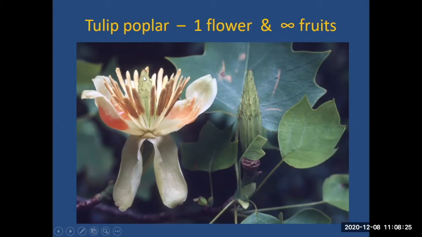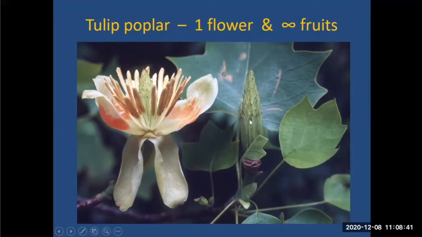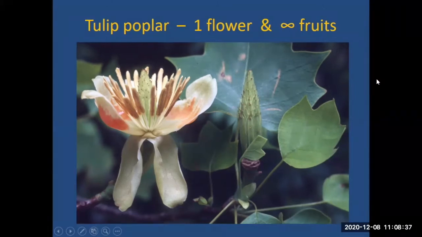In the center of the flower is the female unit or pistil, and it's made up of many separate units that, after pollination and fertilization, are going to turn into fruits. So here's a little cone-like structure of separate little fruits that the tulip poplar produces, and each one of these little units has a seed. They would ripen in the fall.